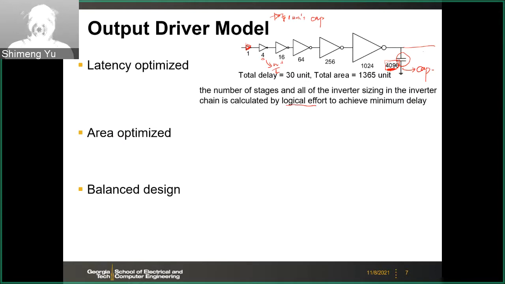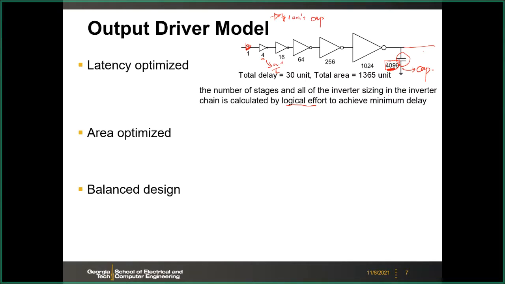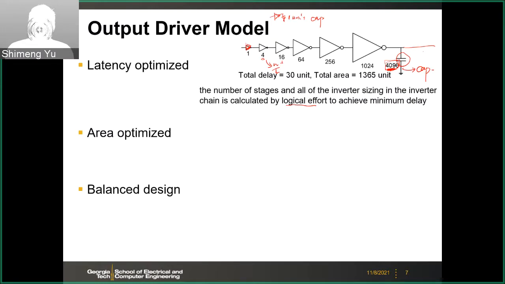And if you recall your VLSI courses, you may have this concept, logic effort. So this is to achieve the minimal delay. And in this example, if you have 1, 4, 16, 64, 256, and 1024, like 6 stages, then you will achieve the minimal delay, which is about 30 RC units.